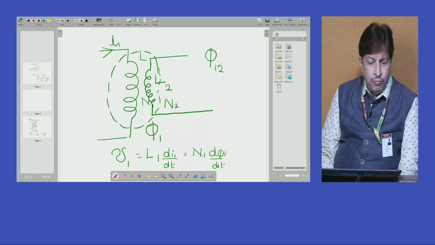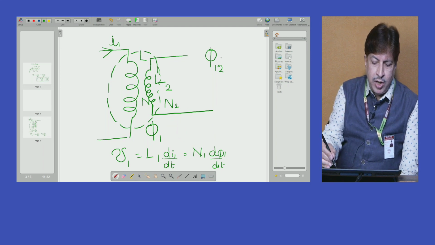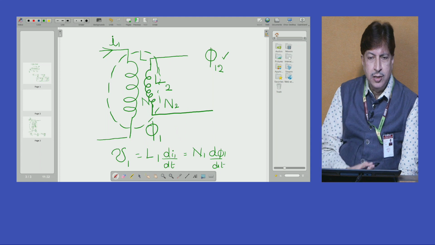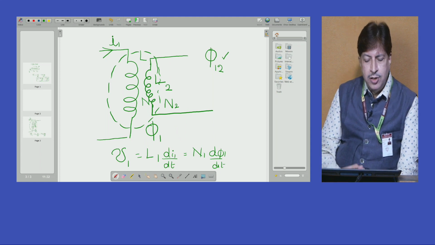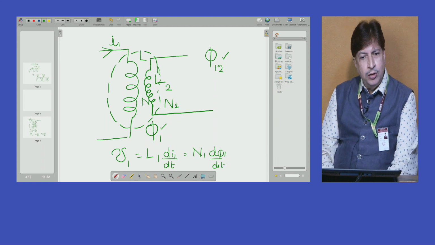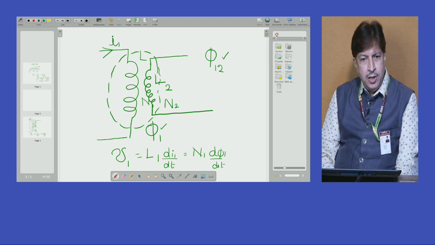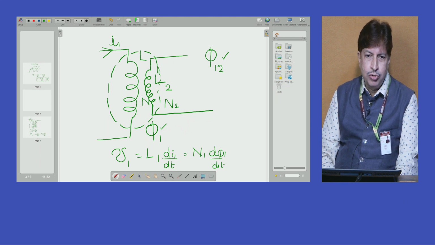Now we have a situation where phi 12 is also changing because of change of phi 1. According to Faraday's laws of electromagnetic induction, whenever flux linking a coil changes, EMF will be induced in the coil.